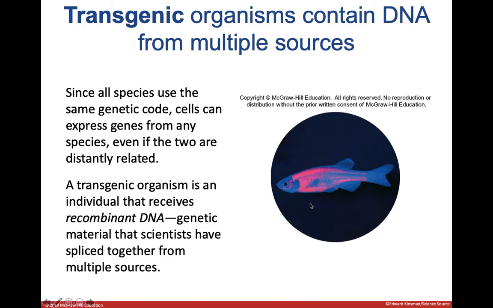It's pretty easy to splice words together to make sense. So it's pretty easy to stick DNA from one organism inside an organism that's somewhat closely related to it. It doesn't have to be super closely related. Jellyfish and fish are kind of closely related to one another, but not super. It really just depends on the organisms in question, but it's super cool that you can do this. When organisms are combined with more than one species, they tend to be called recombinant DNA.